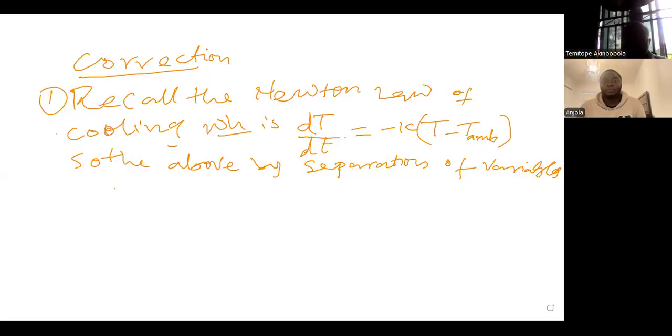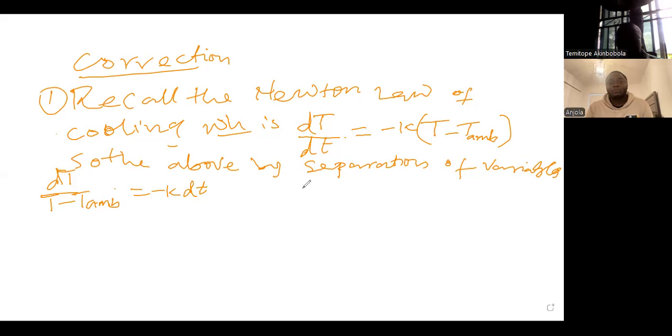So that will be dT over T minus T amb equals minus k dt. Is that clear? I will now integrate. Take the integral of both sides.